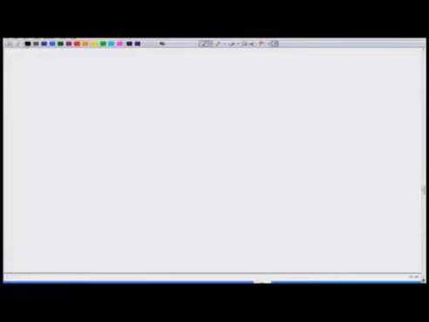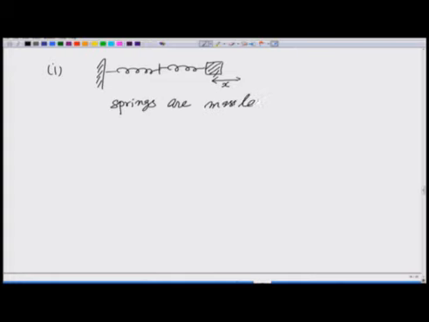So, let us take the first case, when one spring and the second spring are attached to this mass. All we want to do is displace this mass by amount x and find out how much is the restoring force on this because of the two springs. The springs are massless. So, let us see what happens when I stretch this.